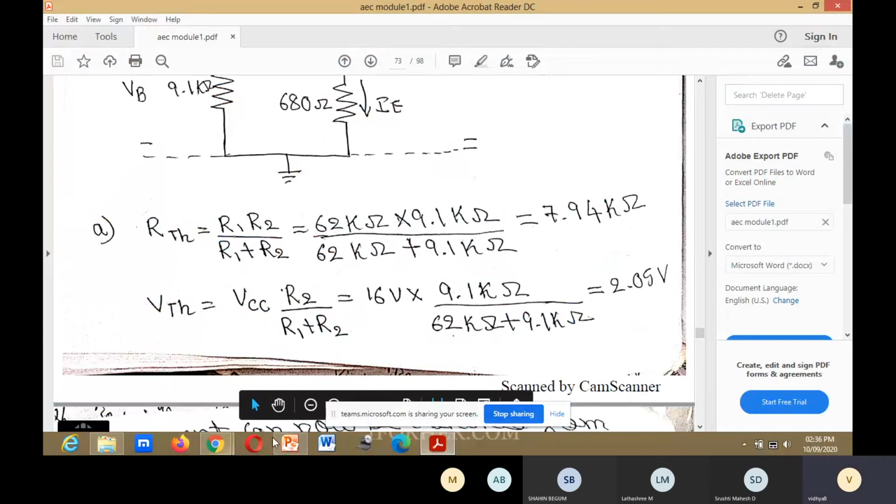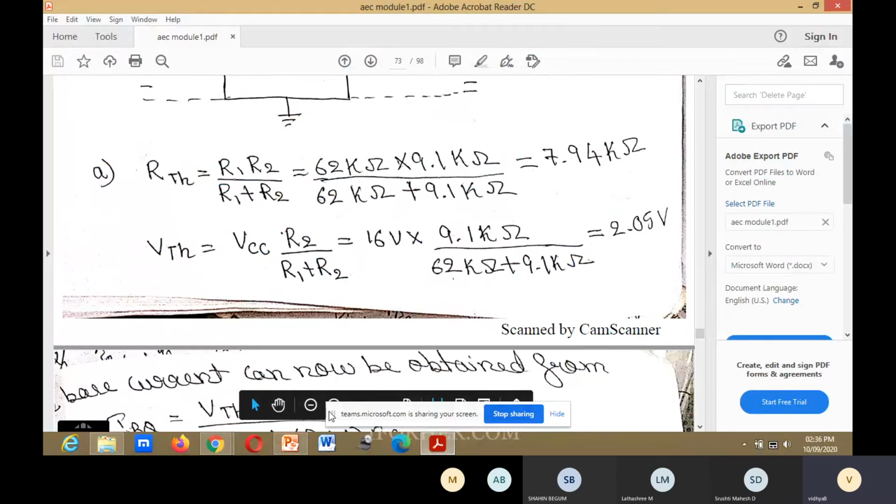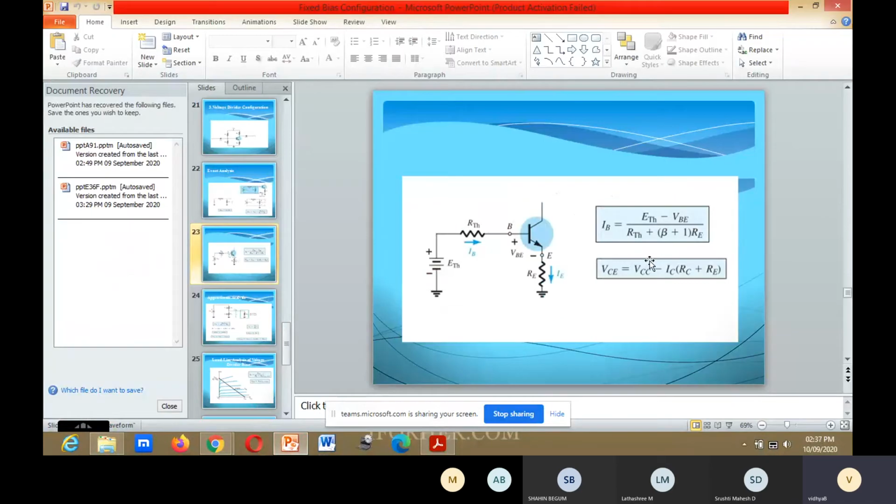First, RTH. What is RTH? RTH is equal to R1 parallel R2. R1 parallel R2 means R1 into R2 divided by R1 plus R2. This is the value for RTH, 7.94 kilo ohm. Next, VTH. What is the formula for VTH?